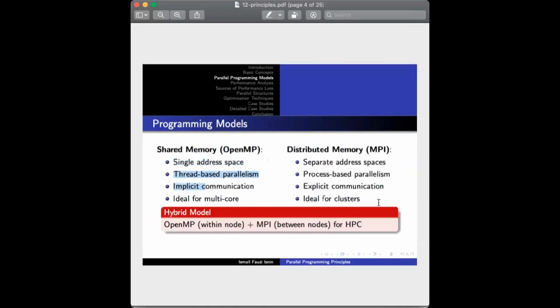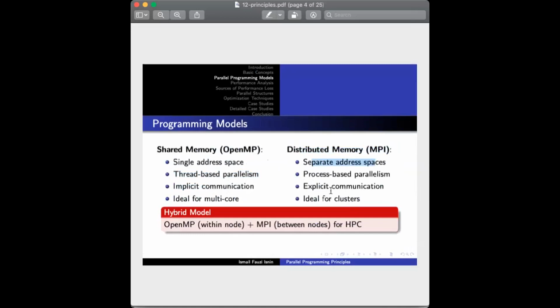And then for the second one, we have the distributed memory model, typically implemented through MPI, the Message Passing Interface. Here, separate processes run in completely isolated address spaces, because one process cannot see another's data.